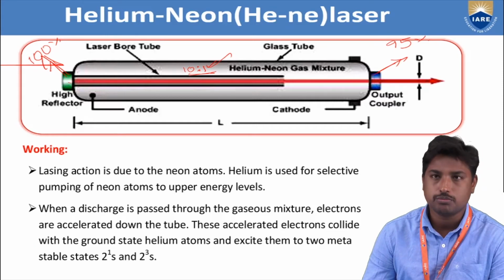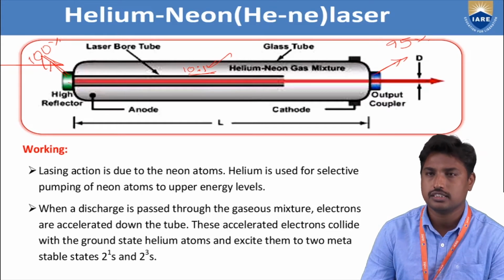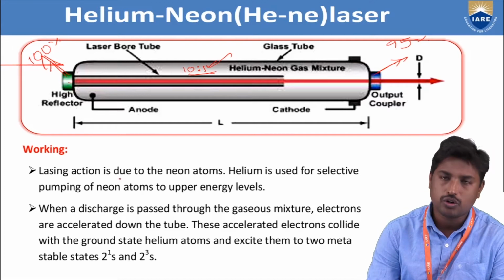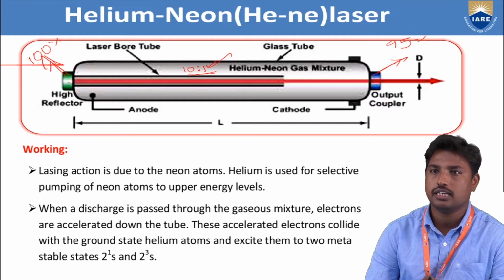Coming to the working principle, lasing action is due to neon atoms only. Helium is used for selective pumping of neon from the ground state to the higher energy states. Let's see this in the energy level diagram. Lasing action is only due to neon particles. Helium particles are used to excite the neon particles. That is the role of helium particles.